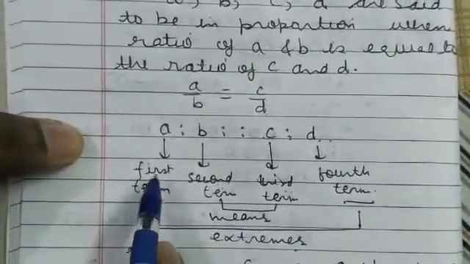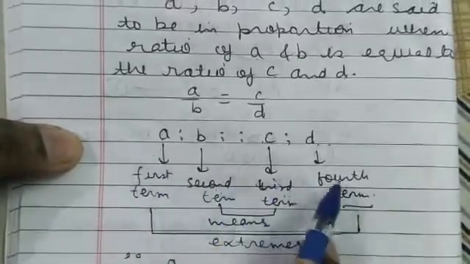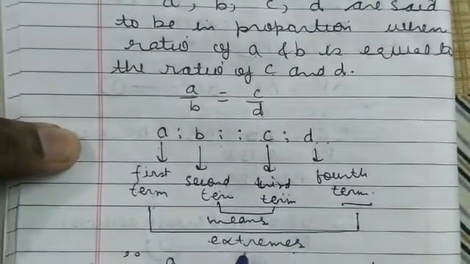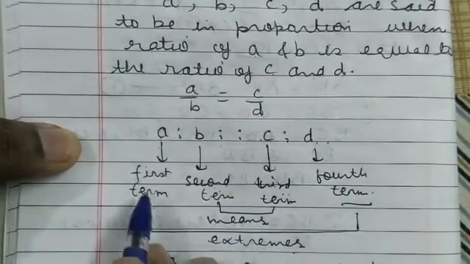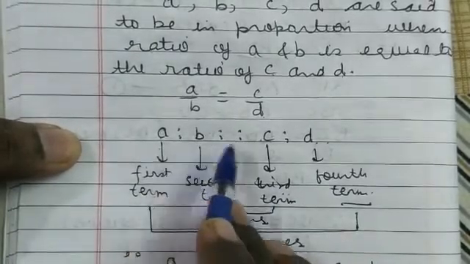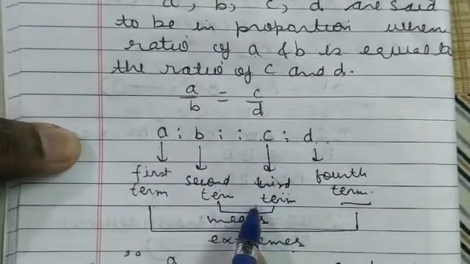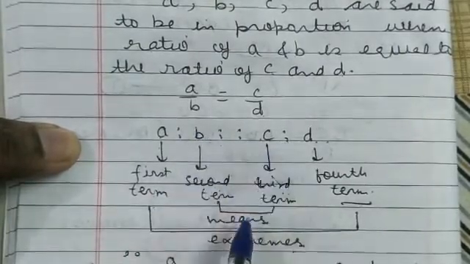And the terms at the ends, A and D, are known as extremes or extreme terms. The middle terms B and C are known as means or middle terms.